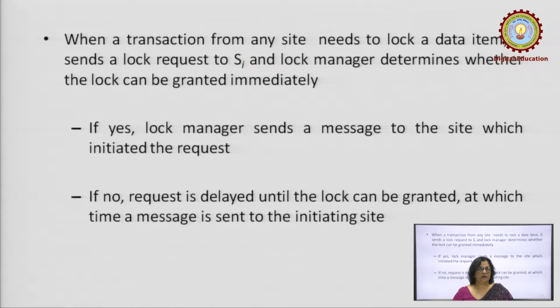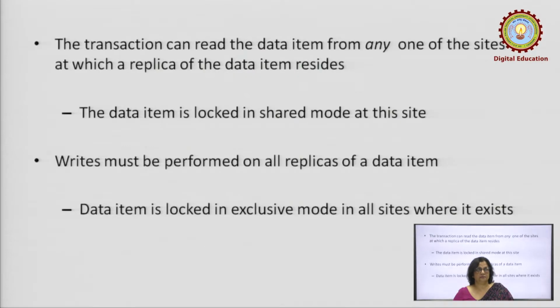If the lock can be granted, then the lock manager sends a message to the site which initiated the lock. If the lock cannot be granted, then the request is delayed until the lock can be granted, at which time the message is sent to the initiating site.